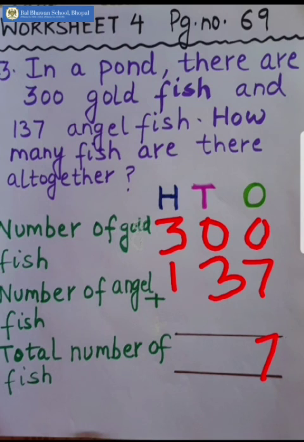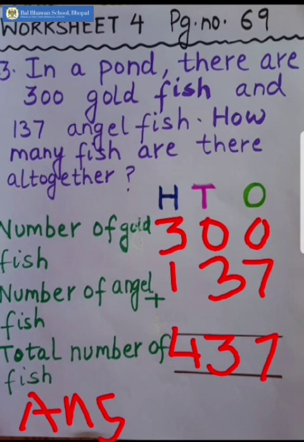Again you have to add. So any number added with 0, you get the same number. Here it is 3. Now see the digits at hundreds place. 3 and 1. Keep 3 in your mind. Count one time. And what you get after 3? Yes, 4. Now your answer is, there are 437 fish in the pond.